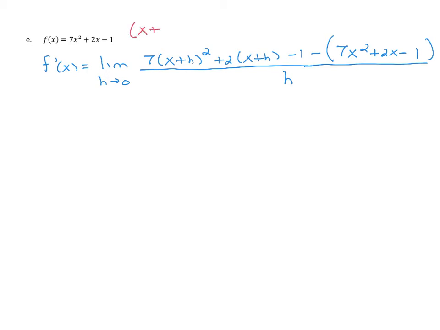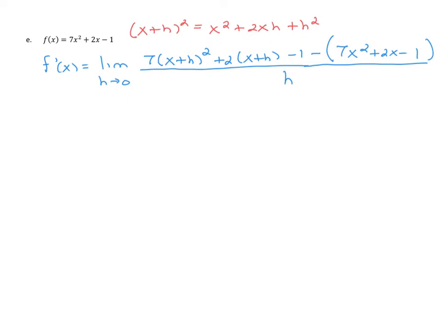I'll note that if you square x plus h, you get x squared plus 2xh plus h squared. So when I go to multiply all of this stuff out in this very first step, since I know this reduces to this, and 7's being multiplied to all of those terms, I'm just going to distribute a 7 to each of these three terms.